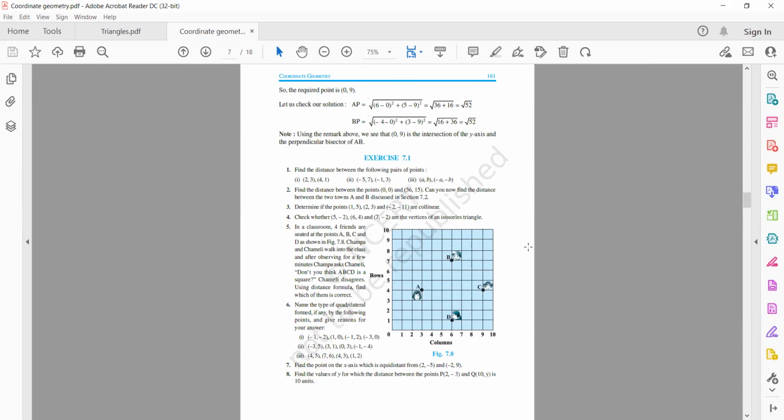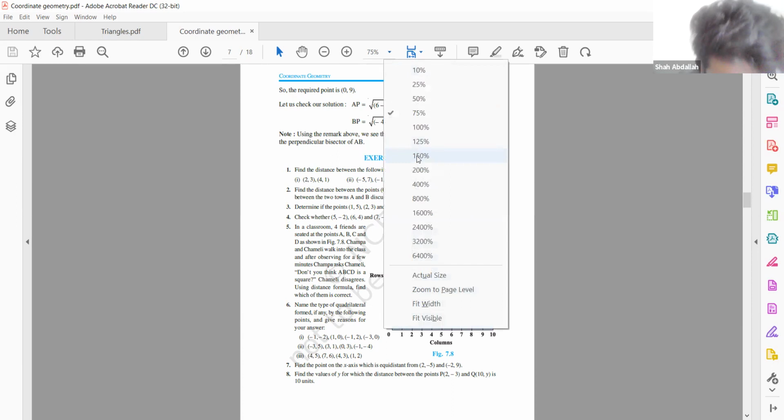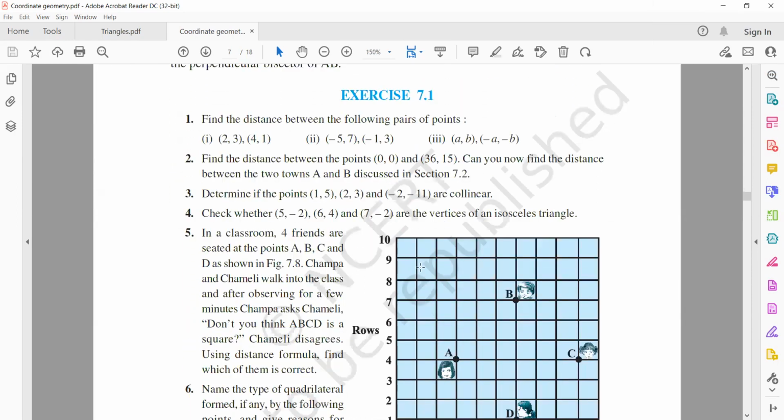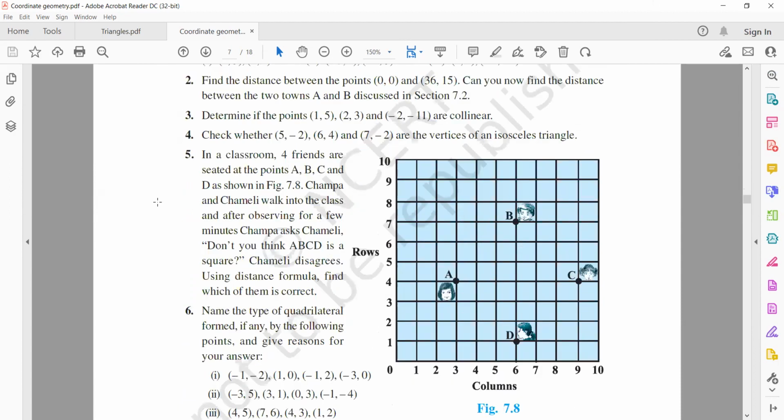So what are the coordinates of A in this picture? The coordinates of A is x equals 3 and y equals 4.